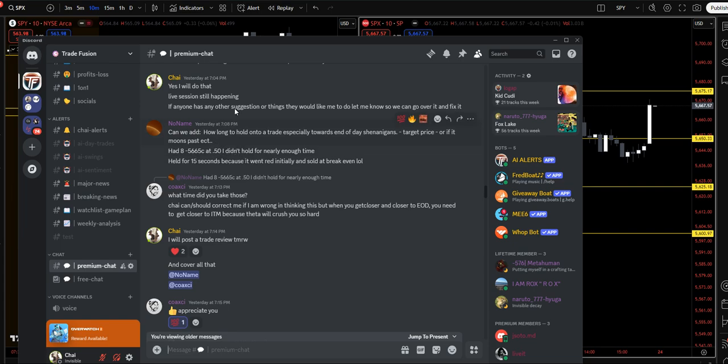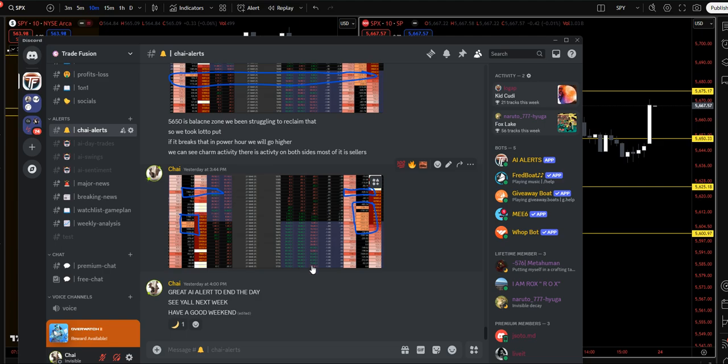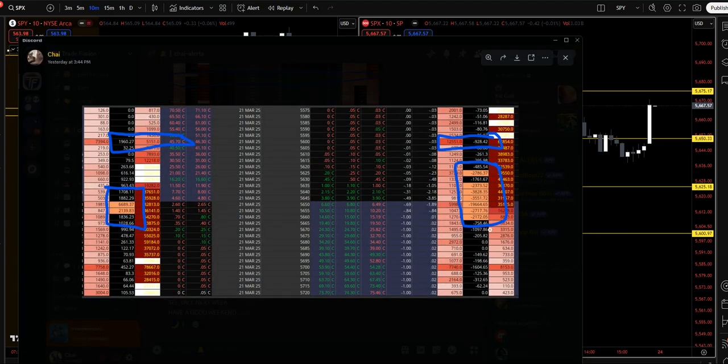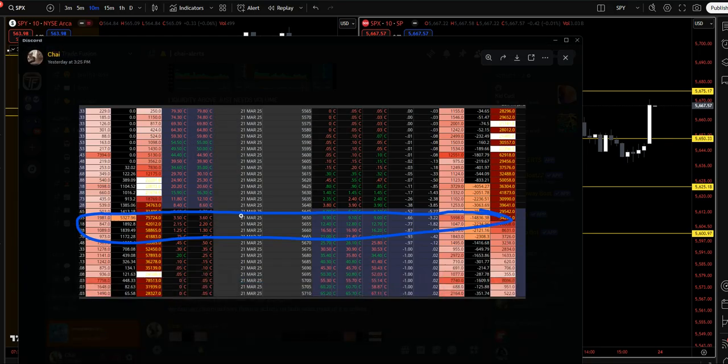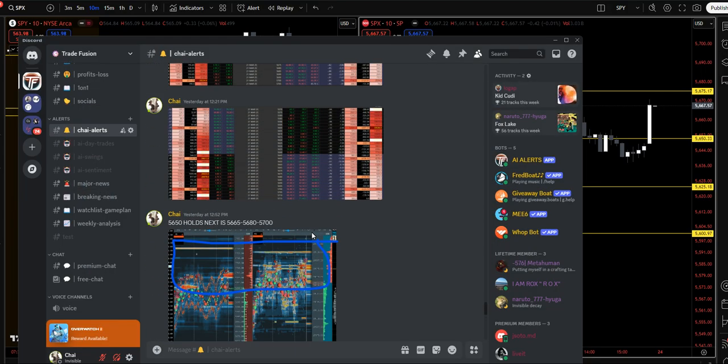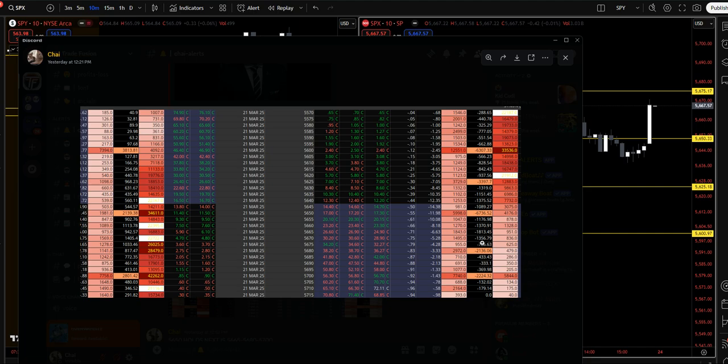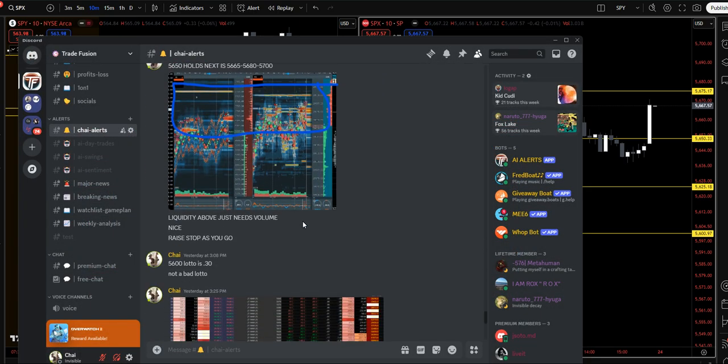So yeah, the reason you are not holding your trades, getting out too early and panicking, is because you're not looking at the charm correctly and you're not seeing where the activity is happening throughout the day. Look at where they were placing orders, what levels did not test, and how these 5670s and all these areas were getting targeted.